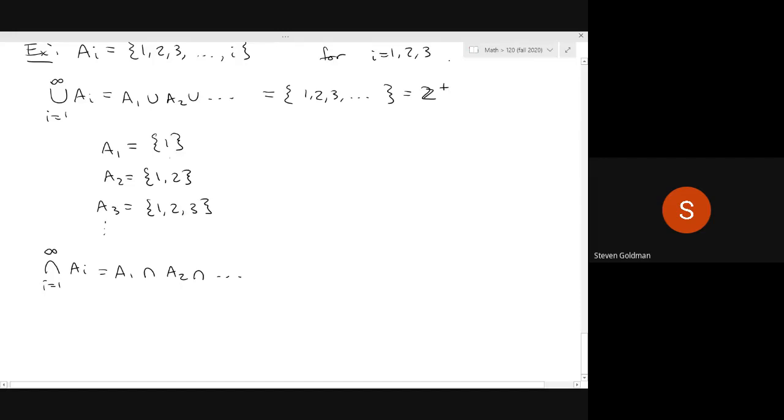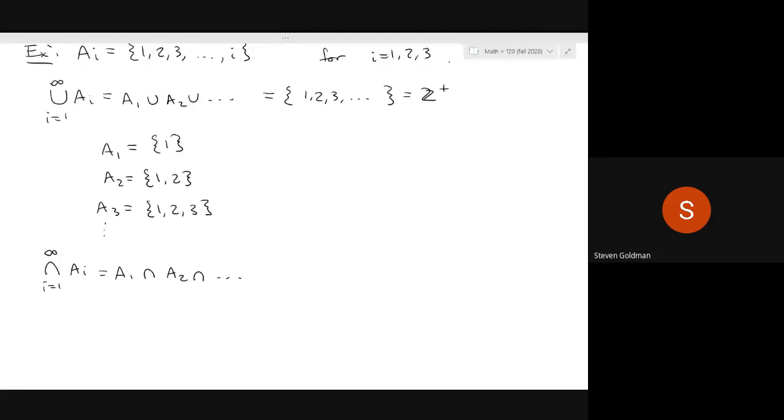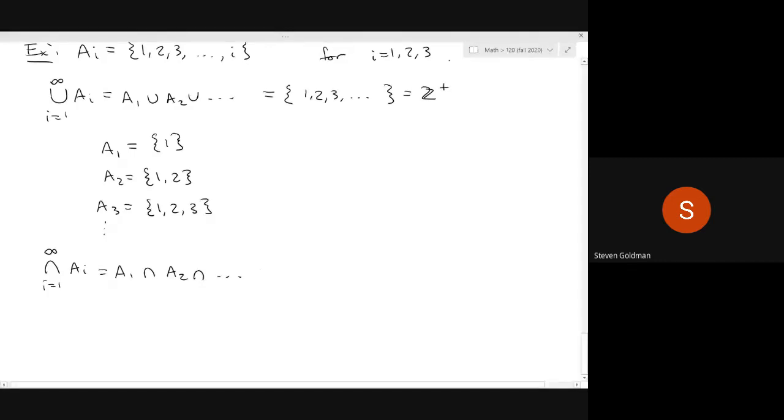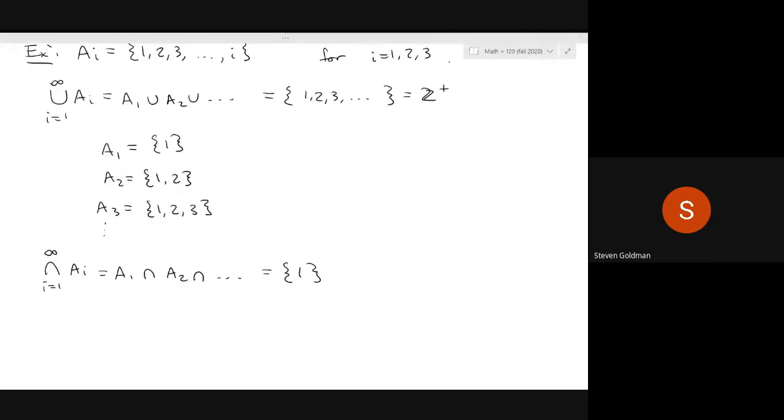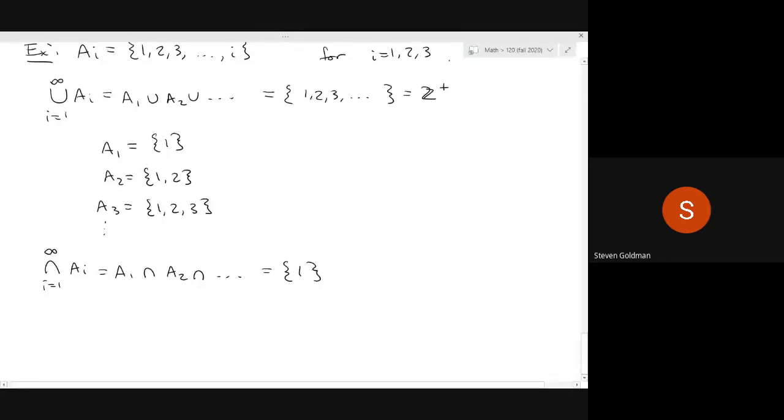What element can you tell me will be in all of the sets? Is there any element that appears in all the sets? The number 1, yeah. So the intersection would be the set that contains the number 1, since that's the only element that will appear in every set. Yeah, excellent. All right, so that's it for generalized unions and intersections. Any final questions on that?